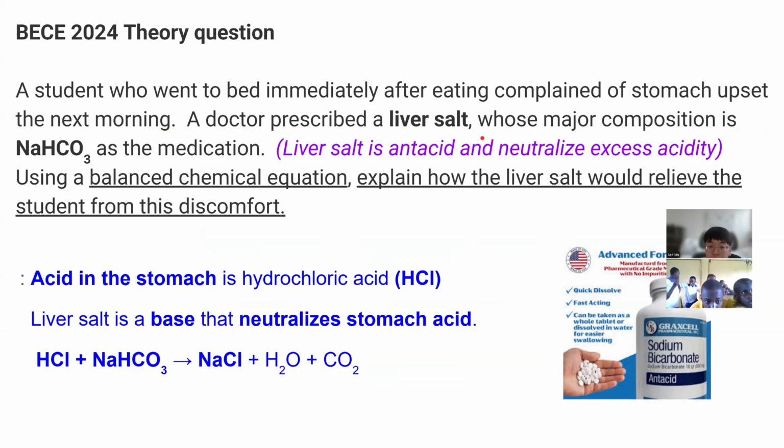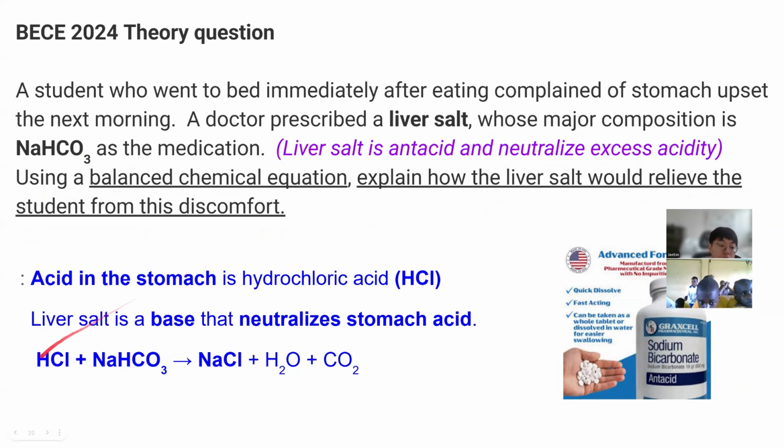The doctor prescribed a liver salt whose major composition is NaHCO3 as the medication. Liver salt is an antacid and neutralizes excess acidity, right? And using a balanced chemical equation, explain how the liver salt would relieve the student from this discomfort.